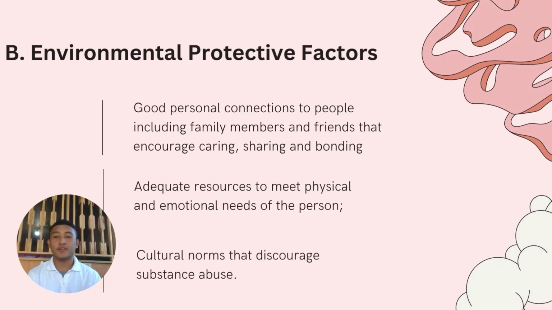Environmental protective factors. Number one, good personal connections to people, including family members and friends that encourage caring, sharing, and bonding. The key point is that children feel secure and loved when they have strong and positive family relationships.